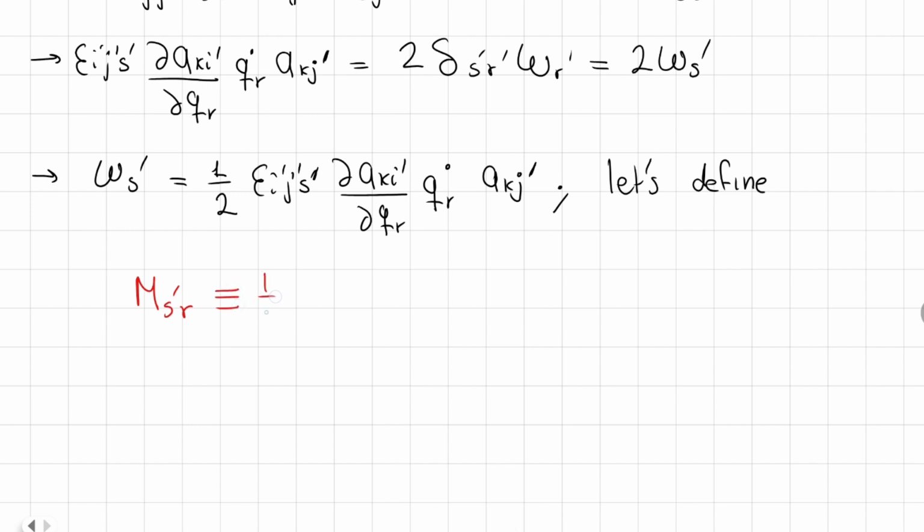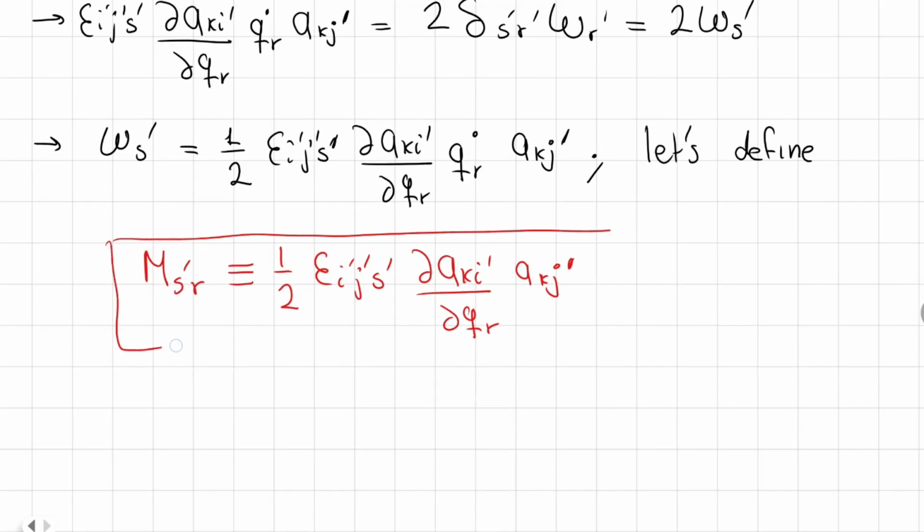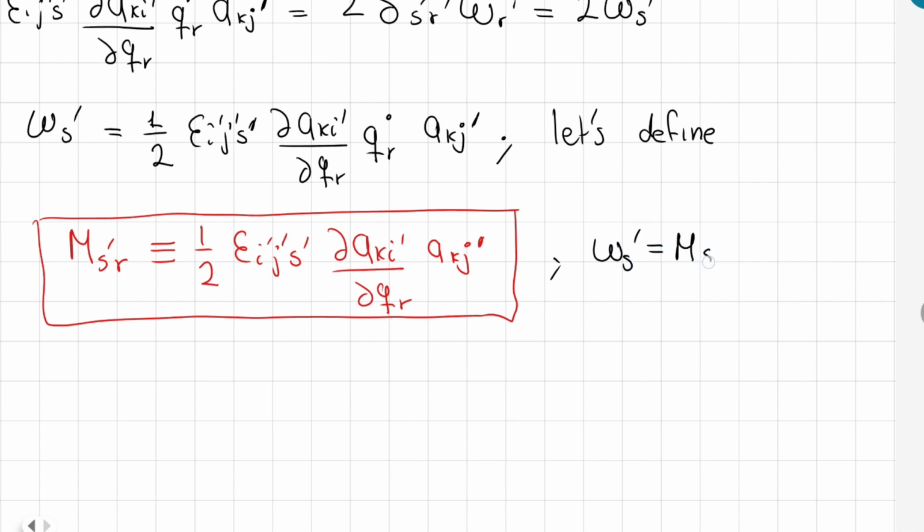It will be 1/2 the Levi-Civita ijs, and then the partial of aki with respect to qr akj prime. Okay, this is the quantity that we need to define. It will be very useful. And then we are able to write that the angular velocity can be written as msr qr dot. Just by taking this definition into this equation that we found, we get this other equation.